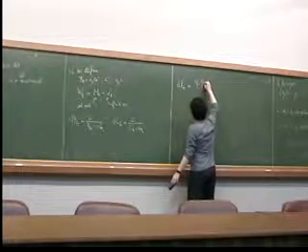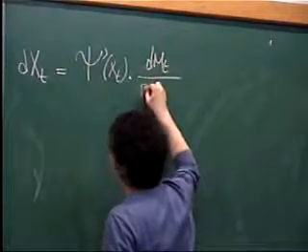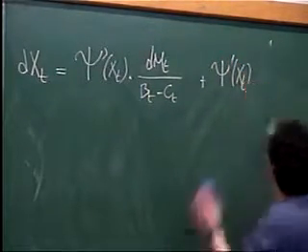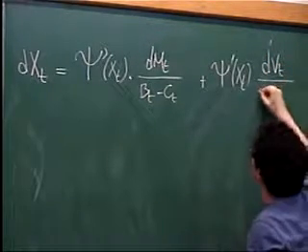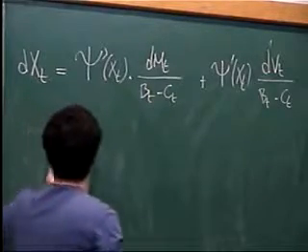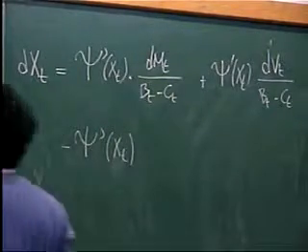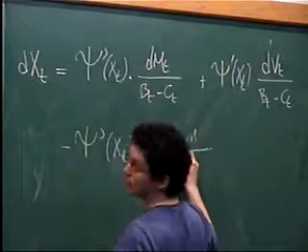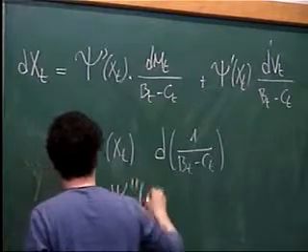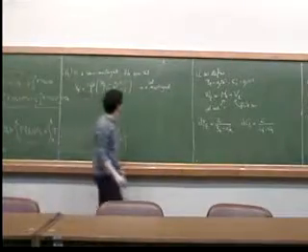This is psi prime of xt times dmt over bt minus ct, plus psi prime of xt dvt over bt minus ct, plus, put it minus, psi prime of xt times d of 1 over bt minus ct, plus 1/2 psi double prime of xt.